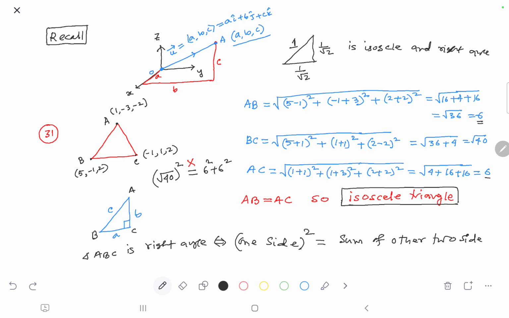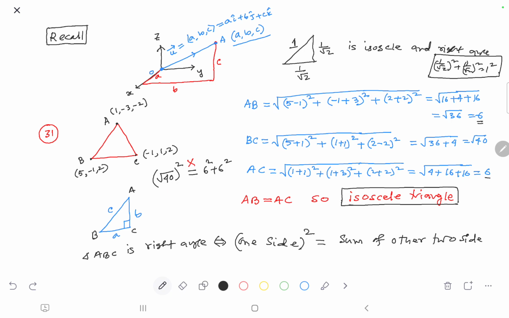Why is it right angle? Because 1 by square root of 2 whole square plus 1 by square root of 2 whole square equals 1 square, so the Pythagoras identity is satisfied. So that's why we also have to check whether this condition is satisfied. Here it is not satisfied, so it is not a right angle triangle.